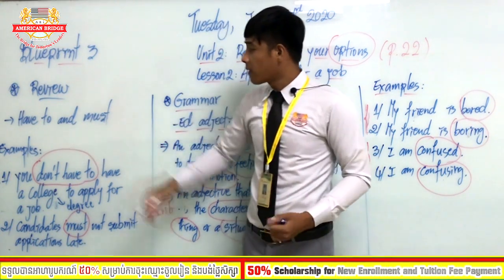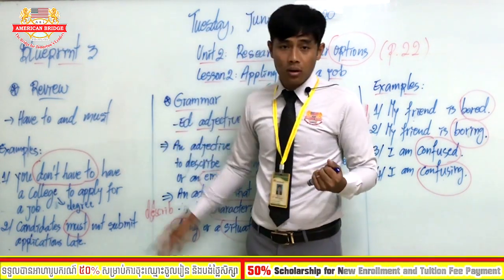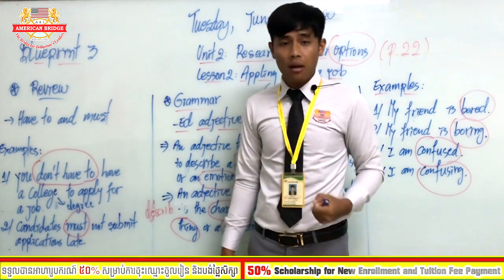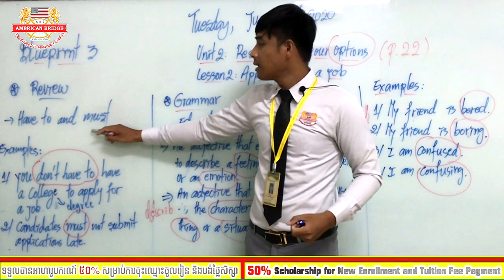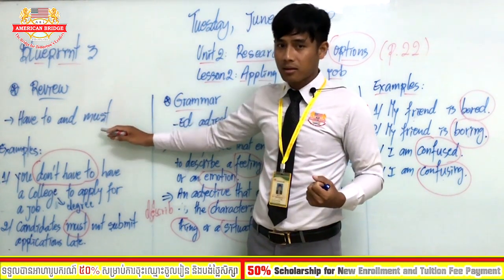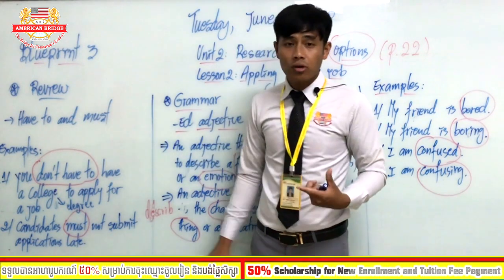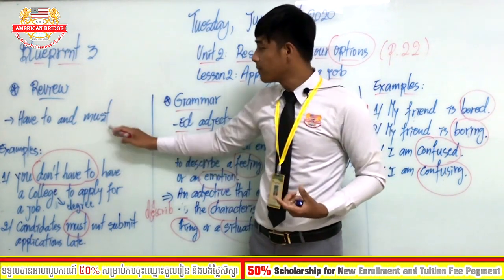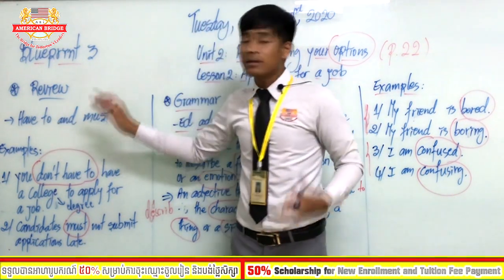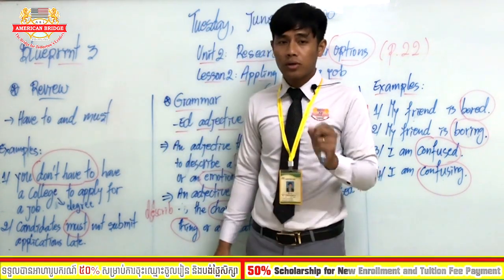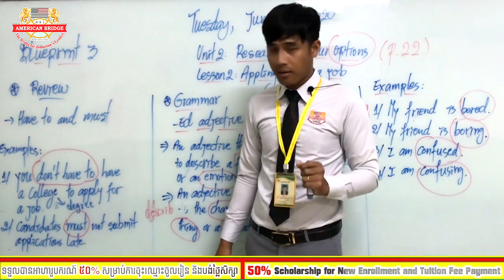Okay, have to and must. As you know, must is more formal and is much more common in writing than conversation. Okay, and must we also use for rules or necessity. All of these are used for necessity, but if we talk about rules, we should use must. Okay, we should say must.